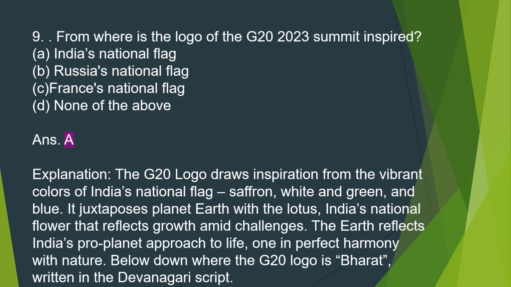So why is there a picture of the lotus flower in there? It represents India's national flower, which depicts growth amid challenges. The picture of Earth is also there, which reflects India's pro-planet approach towards life, one in perfect harmony with nature.